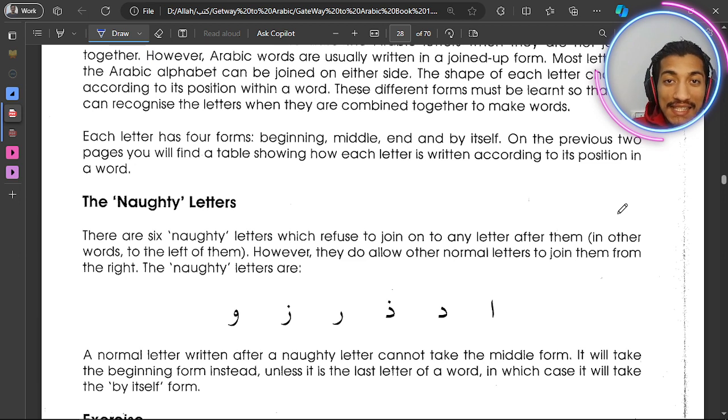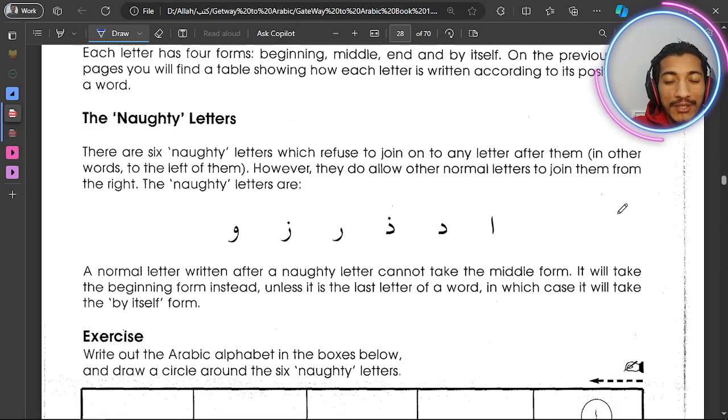This means that they can only connect to the previous letters, not to the next ones. And those are our naughty letters that we have. We have six of them. They are Alif, Dal, Dhal, Ra, Zay, and Waw. Those are our naughty letters.